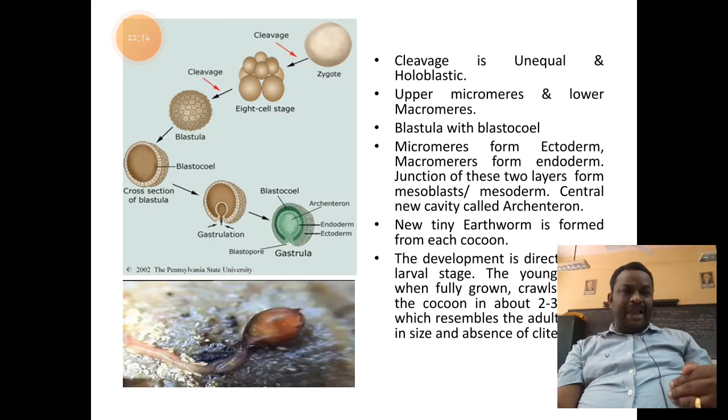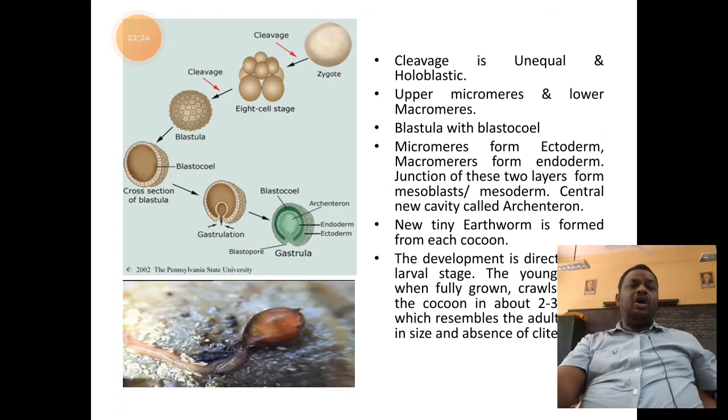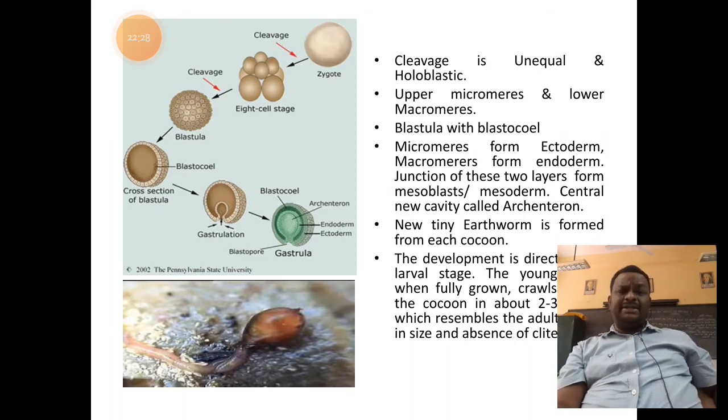And these mesoblasts are responsible for the formation of a new layer called mesoderm. Thereby a new cavity gets formed called archenteron, or you can also call it gastrocele.